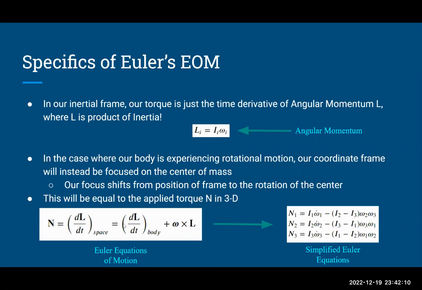The space frame is dependent on the body's frame, as well as the cross product of the rotational matrix and the angular momentum. This is the general form of Euler's equation, which we can easily simplify into three expressions to the right, down here. And these three expressions show how the torque can be calculated in all three separate directions.